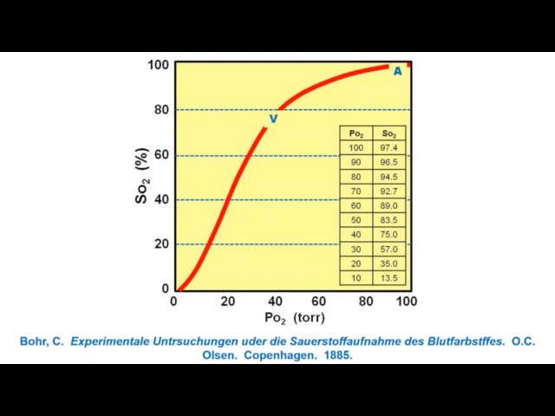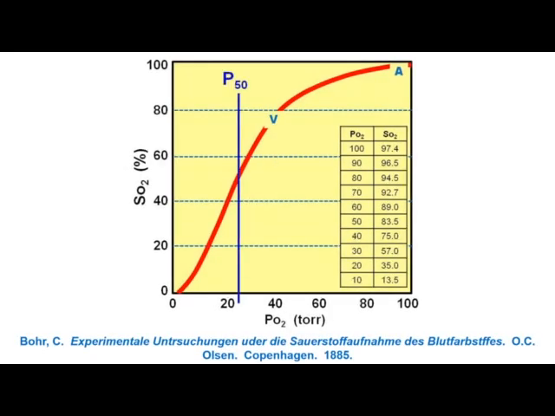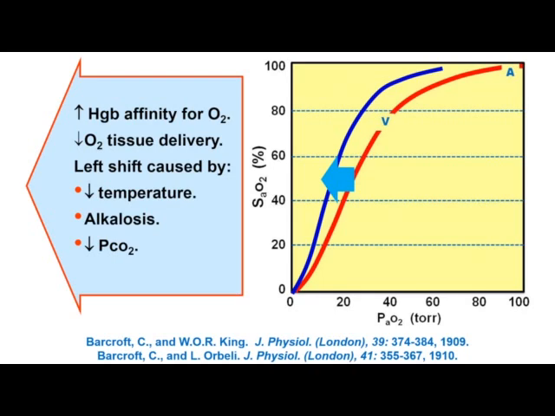So if this is the oxyhemoglobin dissociation curve, P50 marks the PO2 at which hemoglobin is 50% saturated. You get an increased affinity for oxygen, that is, a higher saturation for the same PO2, with decreased temperature, alkalosis, and decreased PCO2. Note, however, that this does decrease O2 tissue delivery.